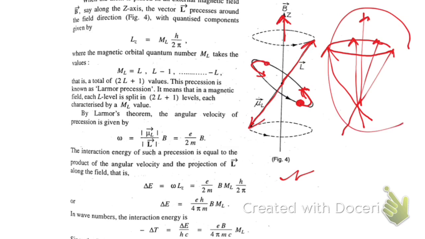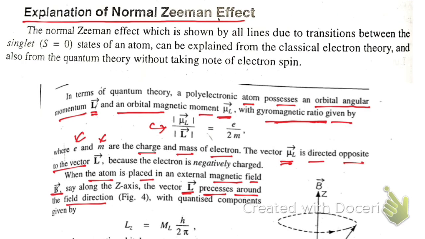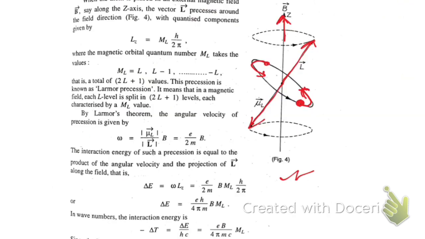Just wait, let me clean this. Now you see which quantized component is given by Lz equal to this. Let me show you in the next page. Here this is the value of Lz, ml h by 2 pi, right? This ml is nothing but the magnetic orbital quantum number.